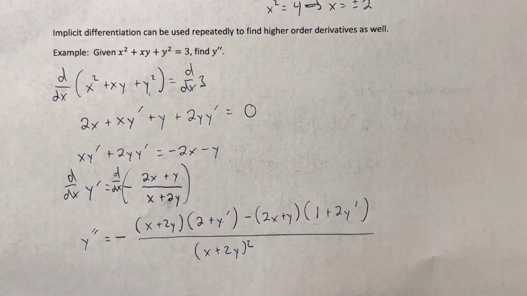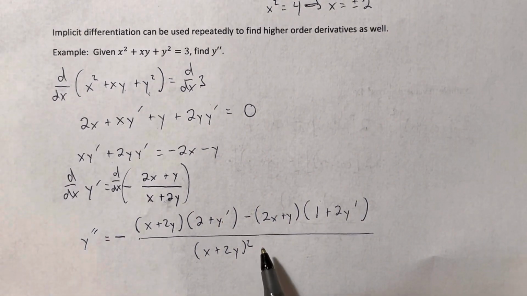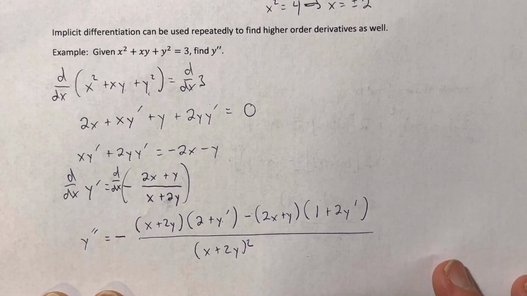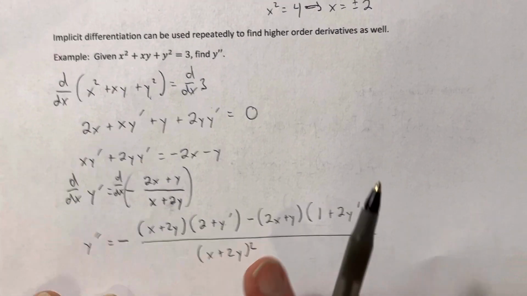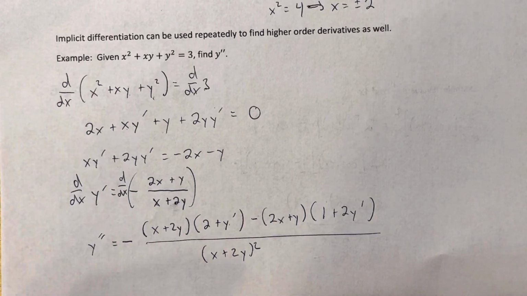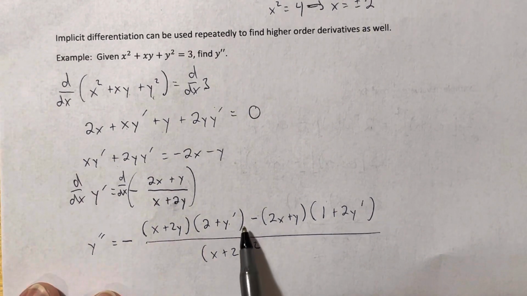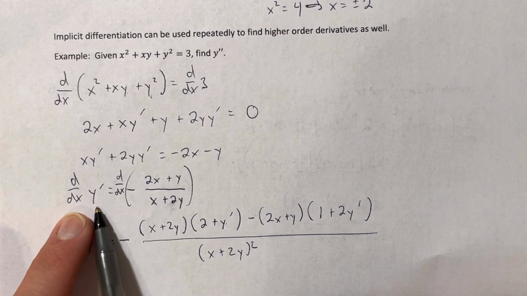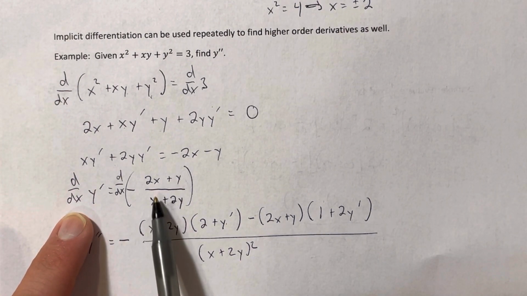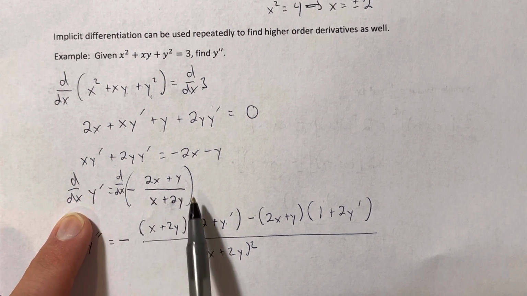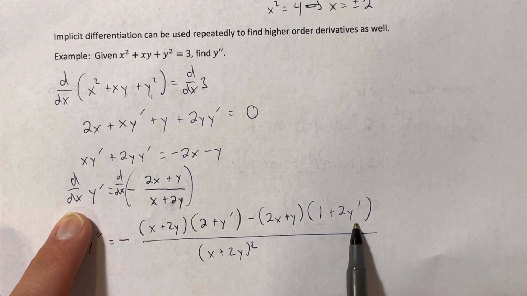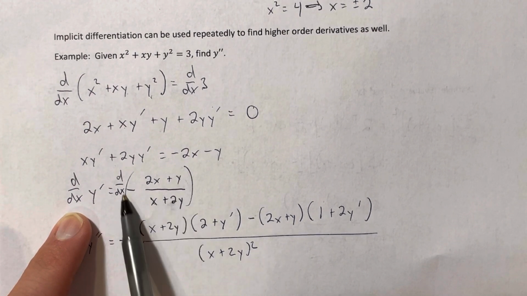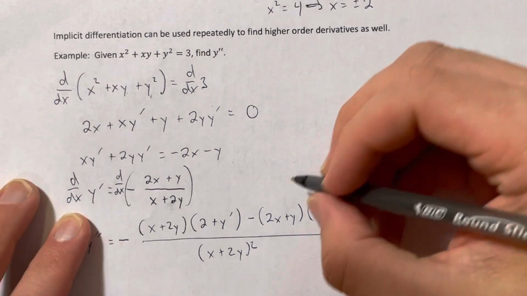Now you don't want to leave the y primes in there as they are, because what this should look like is only an expression involving x's and y's. So what do you do to get rid of the y primes here? Well, we have actually already found y prime in terms of x and y. So anywhere I see a y prime showing up here, I can substitute this expression for it, because this is what y prime is equal to.